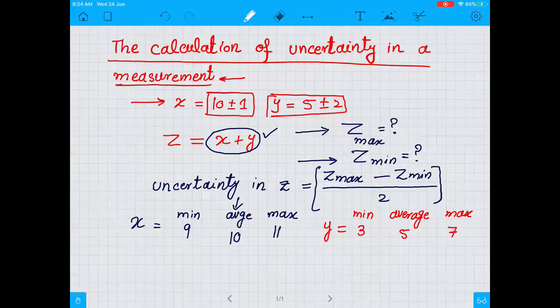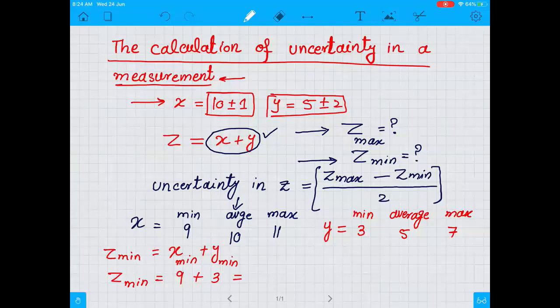Now first of all, if you want to calculate the minimum value of z, z minimum would be equal to x minimum plus y minimum. If x and y both are minimum, then z will also be minimum. So the minimum value of z will be equal to, x minimum is 9 and y minimum is 3, so the answer would be 12.